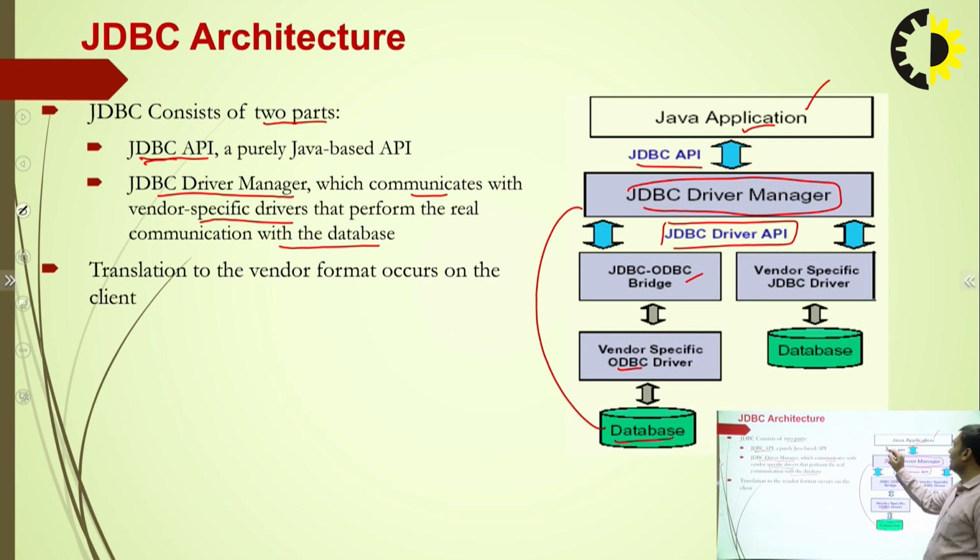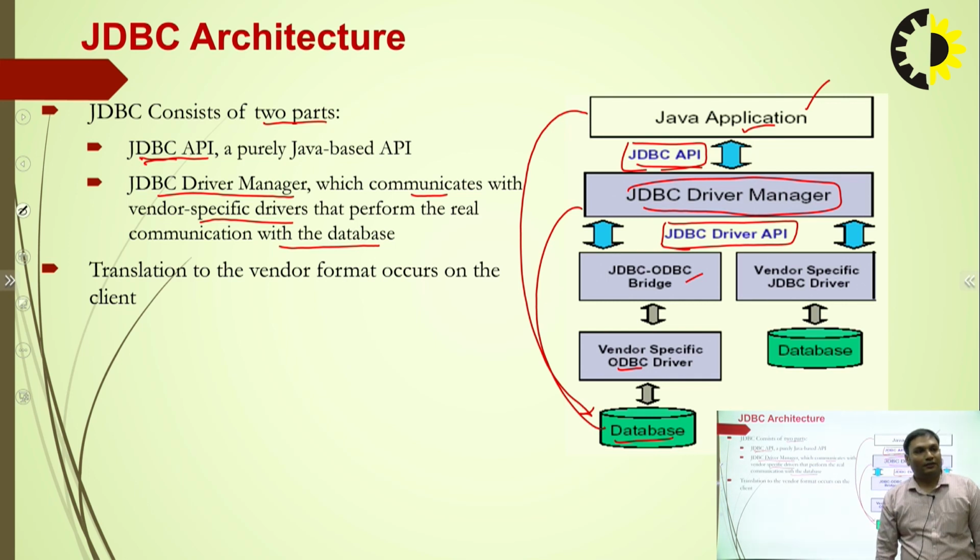So there are two important things. One is the JDBC API and the second one is the JDBC driver API, through which we can connect our Java application to the vendor-specific database. What is the meaning of vendor-specific? Vendor-specific means there may be different kinds of databases like Oracle, SQL, MySQL, Access.